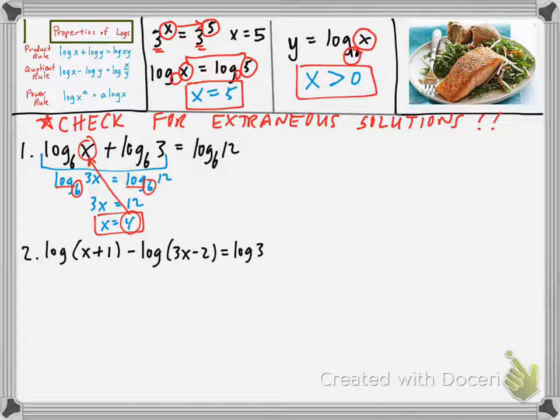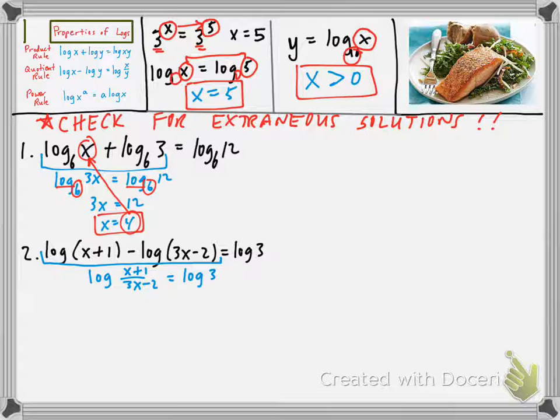We notice that every term has a log in it, and in this lesson, every term will always have a log in it. So that's going to relate to just combining the logs on one side and then equating the arguments. So here we have the difference of logs, and so we're going to write that as the log of the quotient, log of x plus 1 over 3x minus 2 equals, and we don't change the other side, just equals the log of 3.